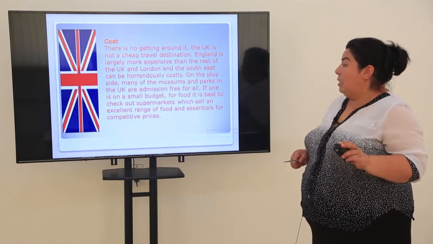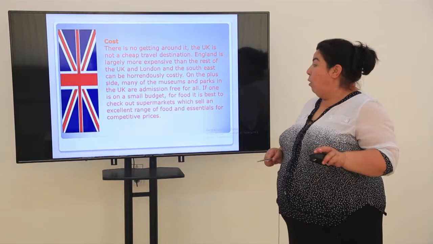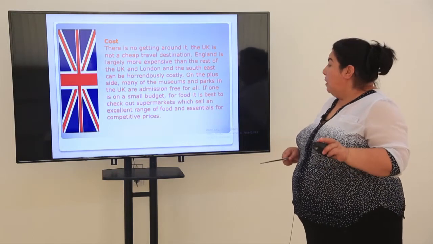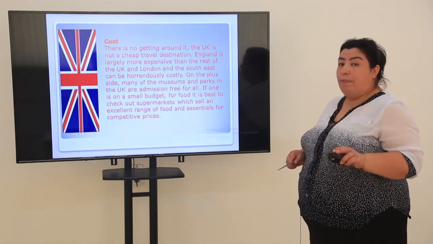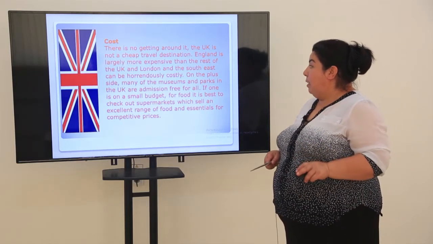If one is on a small budget for food, it is best to check out supermarkets which sell an excellent range of food and essentials for competitive prices.